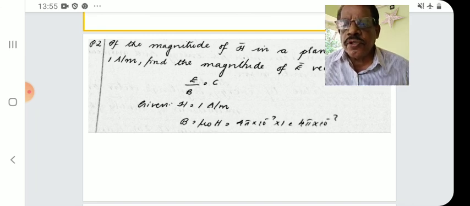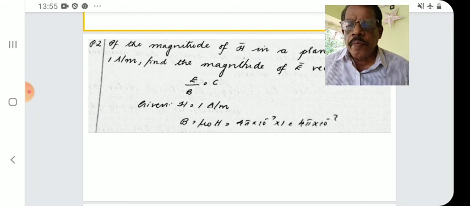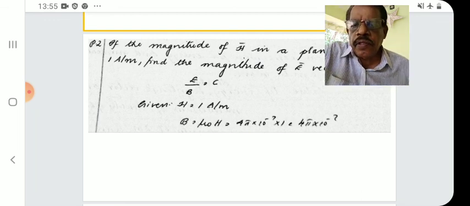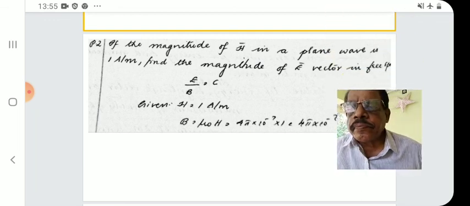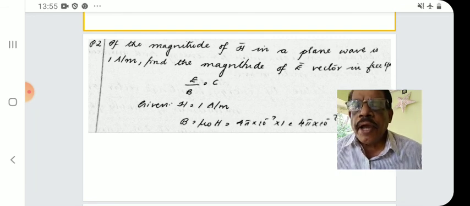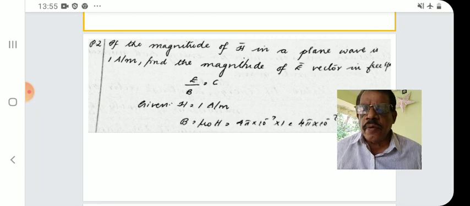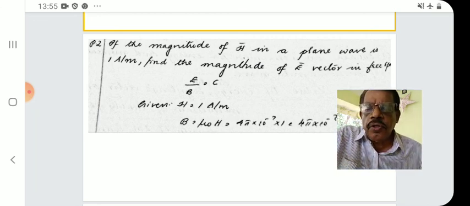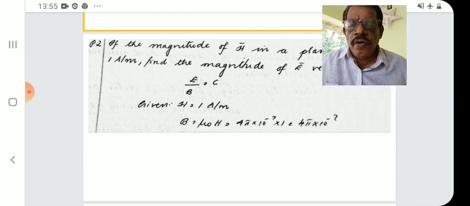Therefore B we can find, B is equal to mu 0 H, that is 4 pi into 10 raised to minus 7 into 1, since H is 1 as given. That is 4 pi into 10 raised to minus 7.